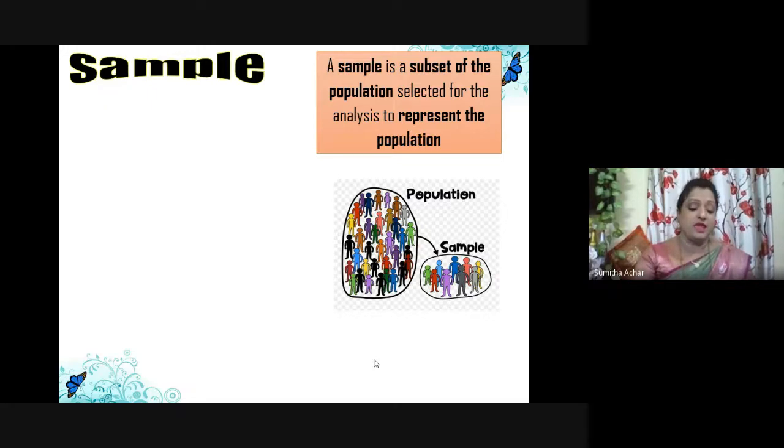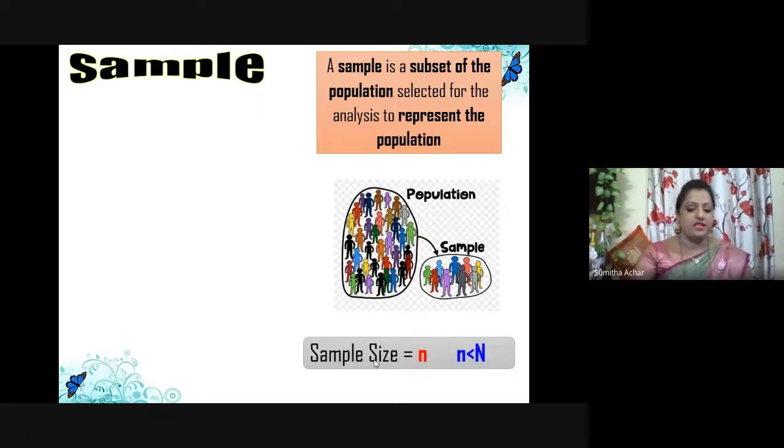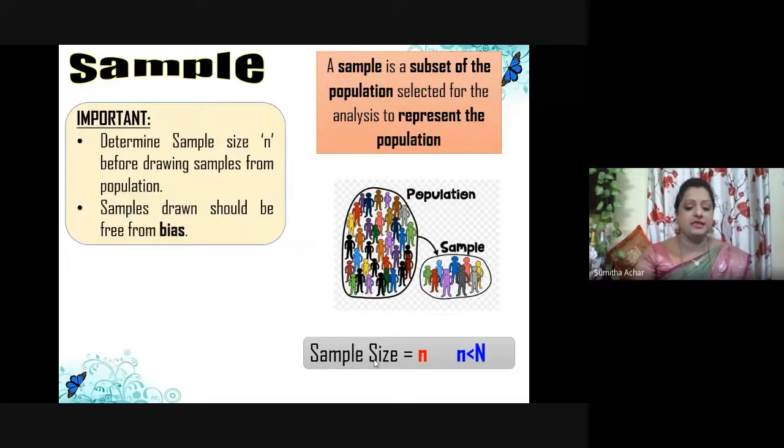So that's why we say they must be representative of the population. Now, sample size is always at least one less than your population, and we denote the sample size by the statistical letter small n. Now you may ask why it is capital N, why it is small n, and so on. These are certain terms that we use in statistics, and that's why we are bound to keep the notations the same as they are.